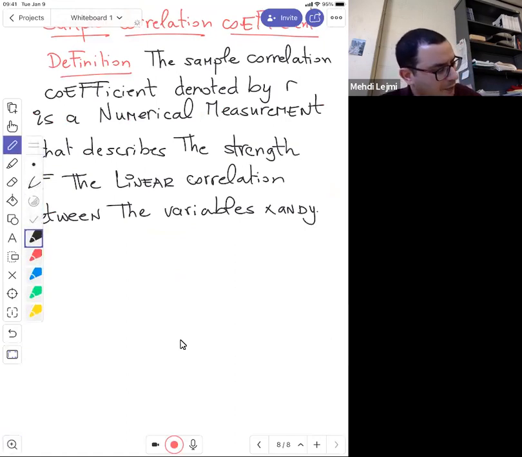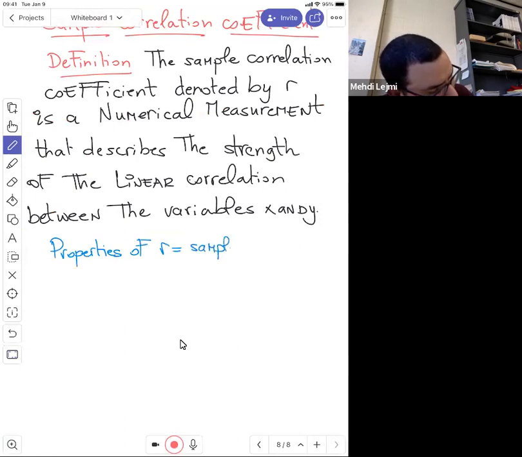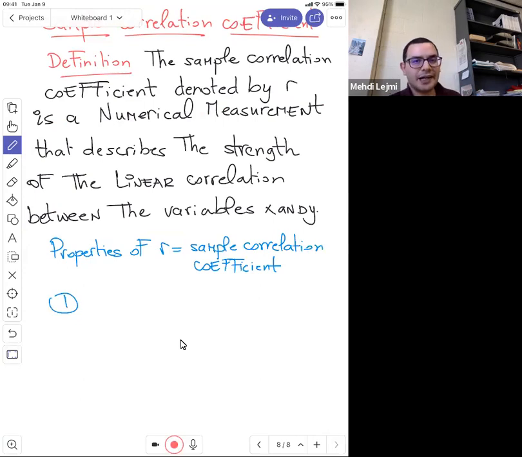So the properties of R, and then I will show you how to compute this number R. First, this number R is always between -1 and +1.